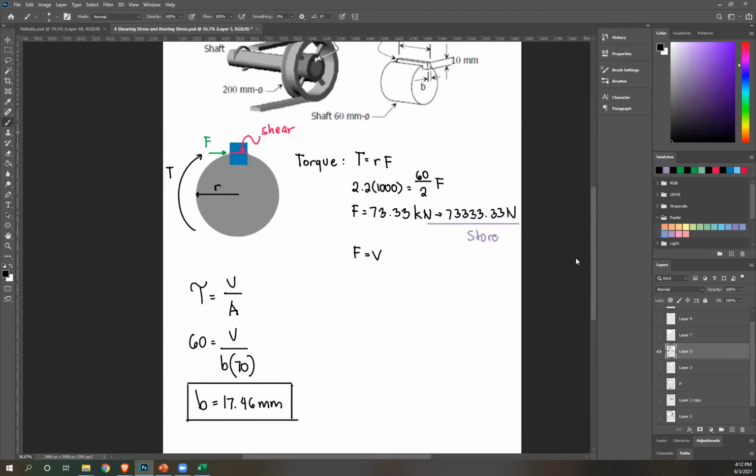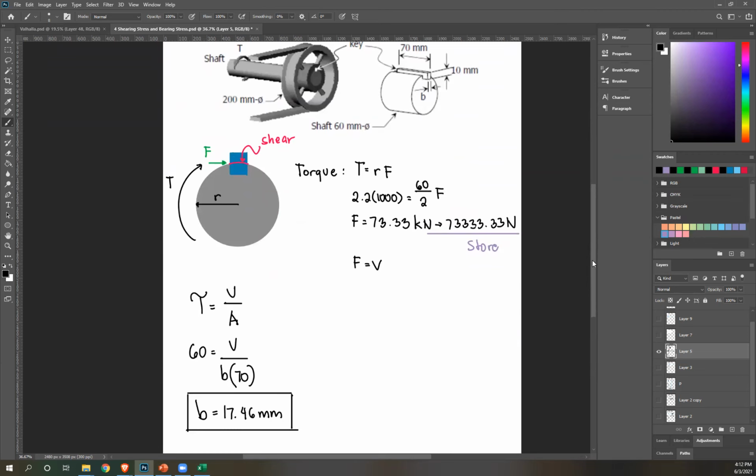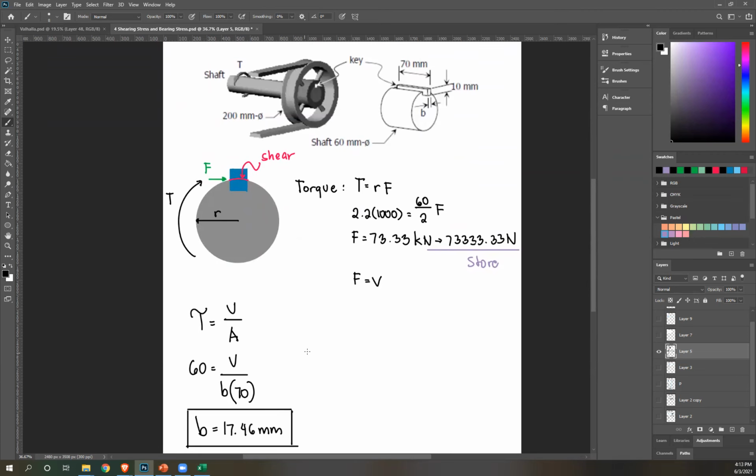Okay? So in case, let me also include, well, we get the area. Suppose we have this.